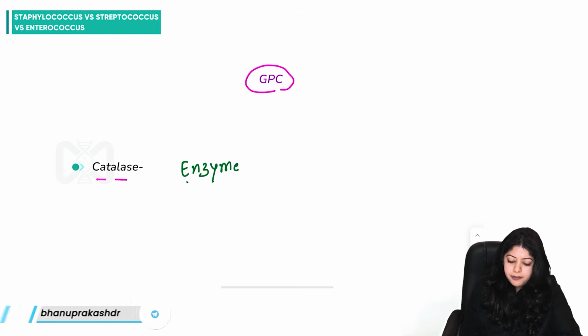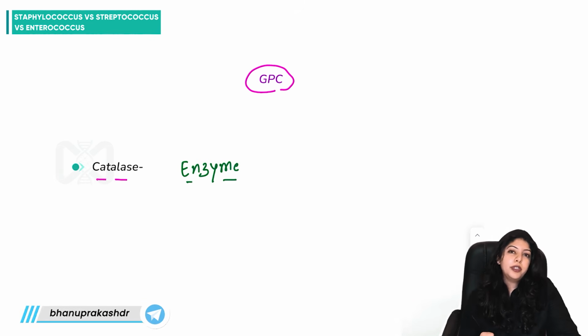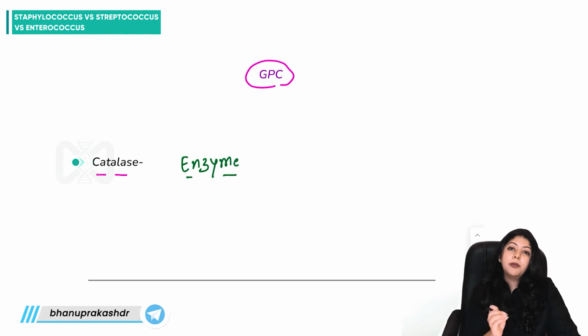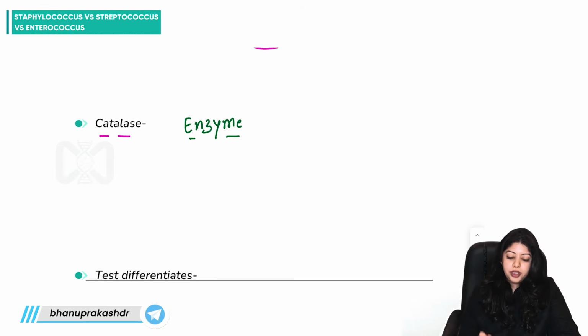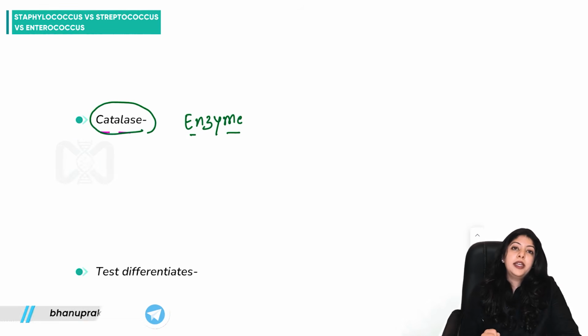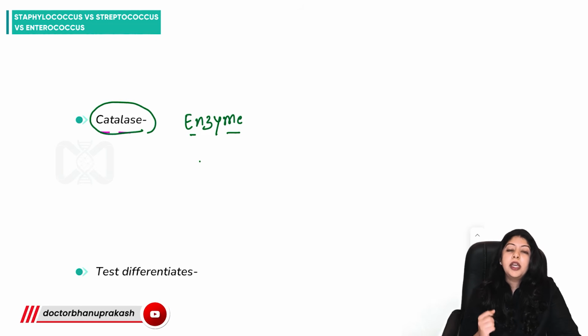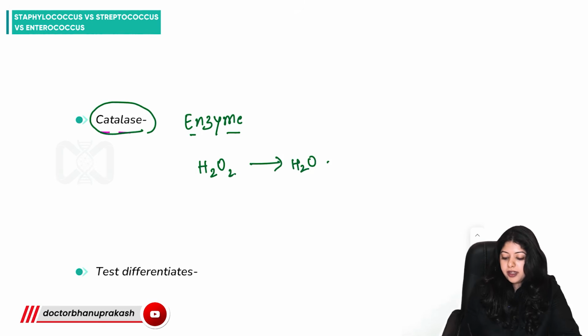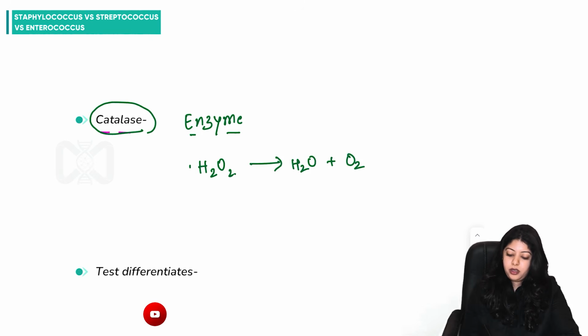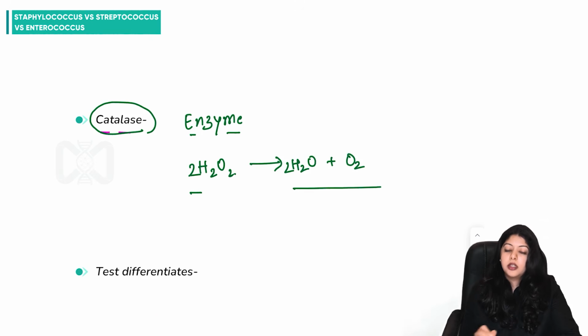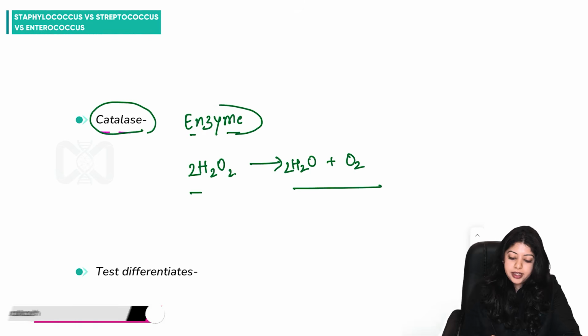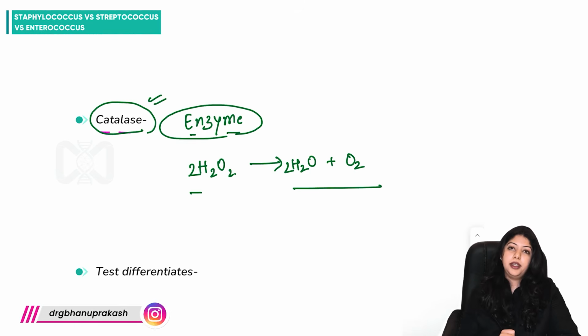What would be the role of an enzyme? It would be used for some kind of breakage, right? If this enzyme is present in any gram-positive cocci, it is going to degrade hydrogen peroxide into water as well as oxygen. So this is the role of the catalase enzyme, right?